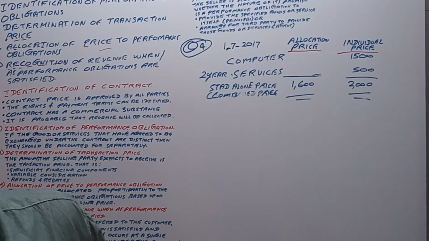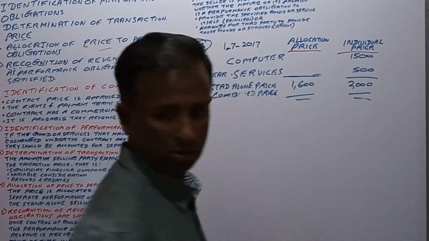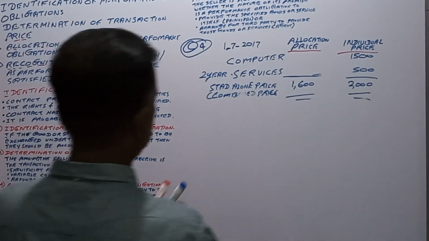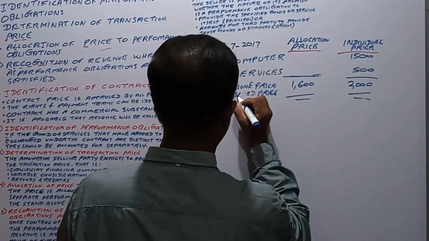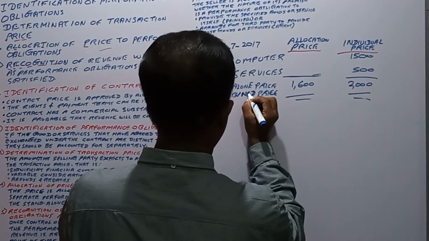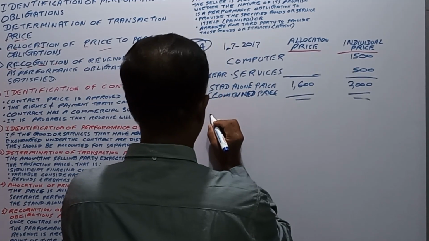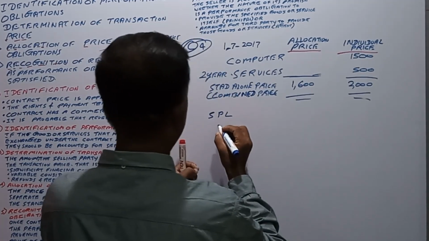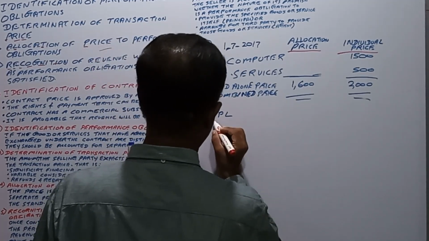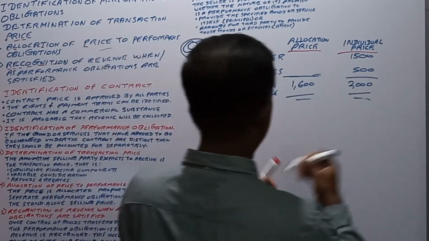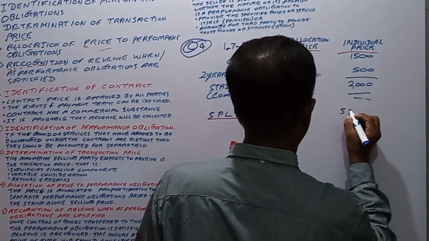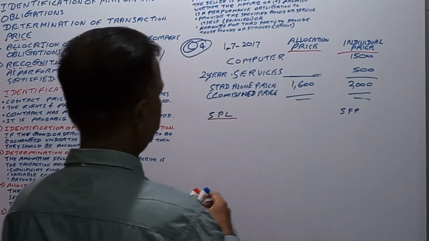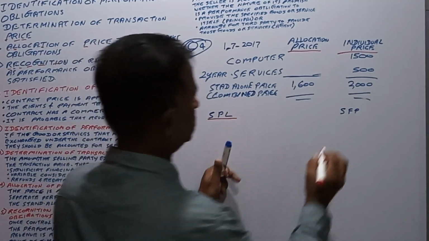They wanted us to show the statement of profit and loss account and the statement of financial position.